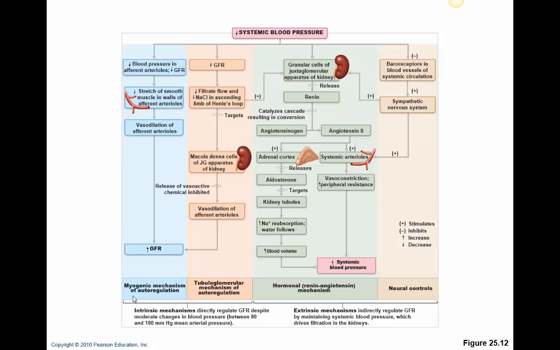If we have a falling blood pressure, that means we're going to have a decreased glomerular filtration rate. So the blood flow into the glomerulus through that afferent arteriole will be decreased. Remember, the granular cells lining the afferent arteriole have mechanoreceptors that detect a decreased stretch in the smooth muscle of that afferent arteriole, which results in vasodilation.